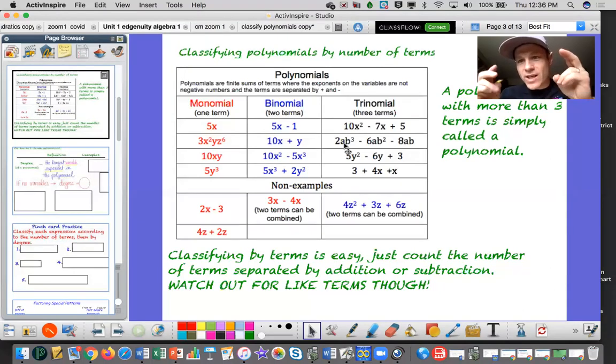To find the degree, you would technically take the degree of the a, which is a 1 right here, and the degree of the b, which is 3, and add it together. So the degree of this trinomial is actually a 4th degree polynomial. And that's higher than any of the other terms in this polynomial expression as well. So you got to watch out.